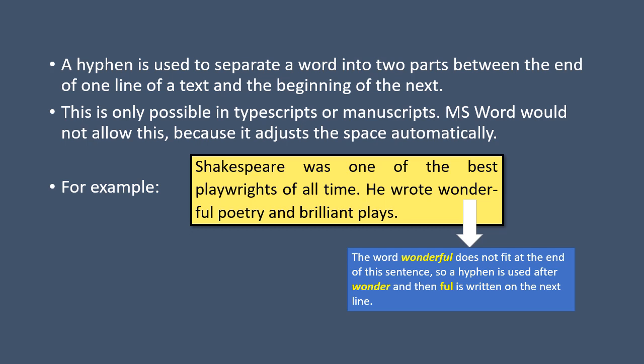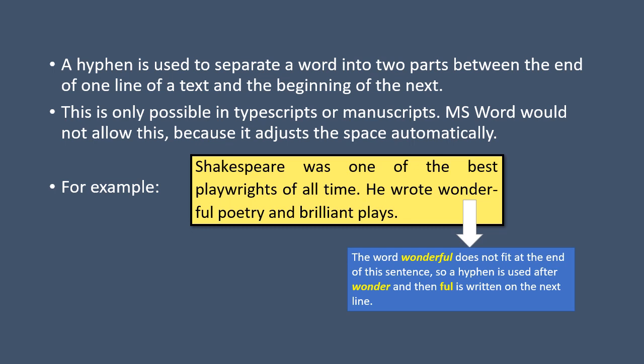Obviously, if you write in MS Word or in any other document which is online or on the computer or laptop, it would not allow you. Or when you are writing your exam paper or writing in your notebook, then obviously you must follow this rule. So for example, you're writing in your book, Shakespeare was one of the best playwrights of all time.